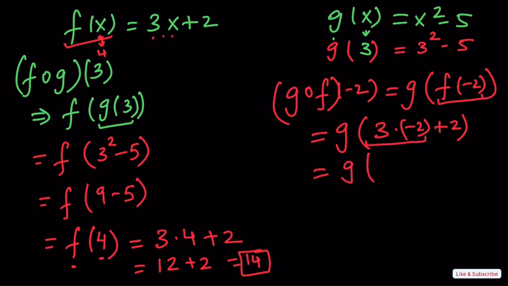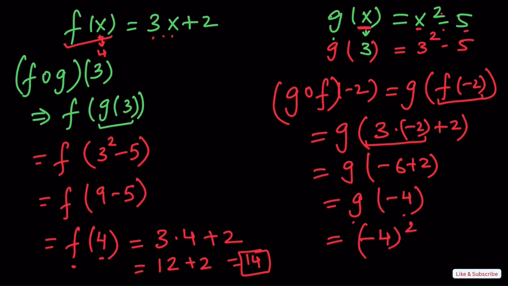That's -6 plus 2. What is -6 plus 2? That's -4. Now in function g, I'm going to plug in -4. So in place of this x, I'm going to plug in -4. That gives me -4 squared minus 5. That is 16 minus 5, which gives me 11 as an answer.